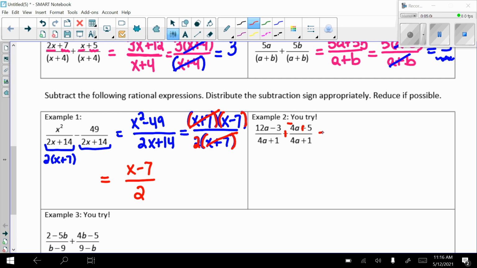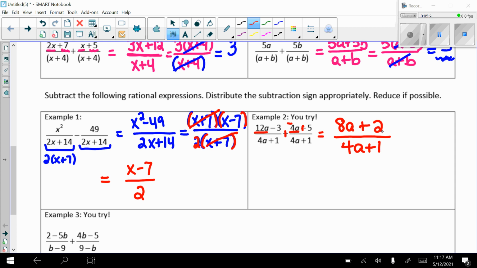Now you can go ahead and do what we just did on the previous problem, which is keep your 4a plus 1 and combine your terms in your numerator. So you have 12a and negative 4a, which gives us 8a. And then you have negative 3 plus 5, which gives us plus 2.